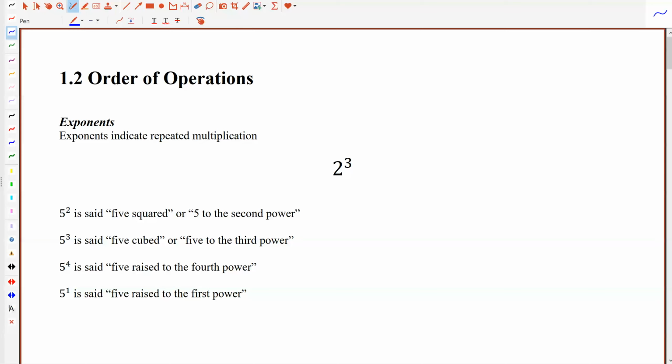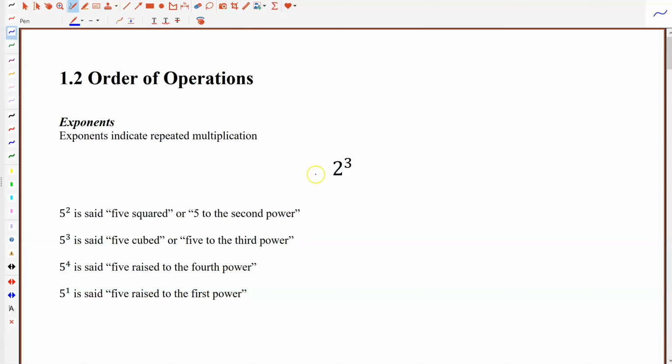Before looking at what the order of operations is, let's review what exponents are real quick. Exponents indicate repeated multiplication. When you have something written in exponential form, there's a big number and a little number.